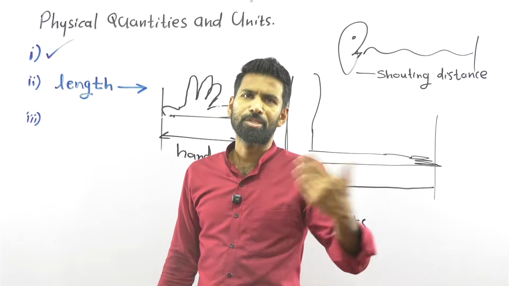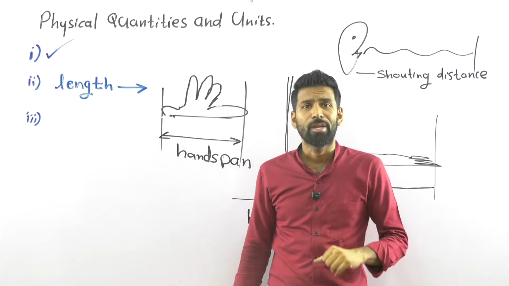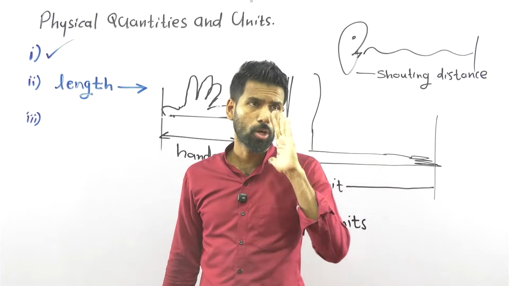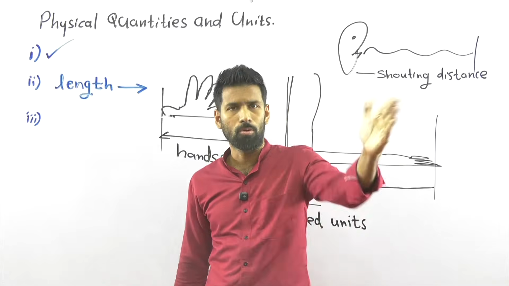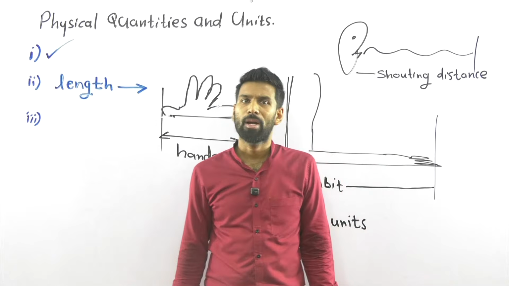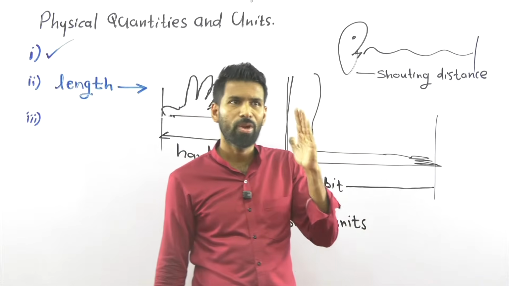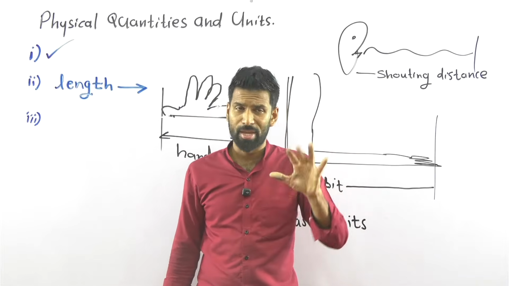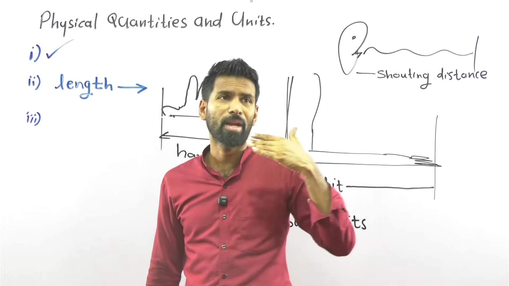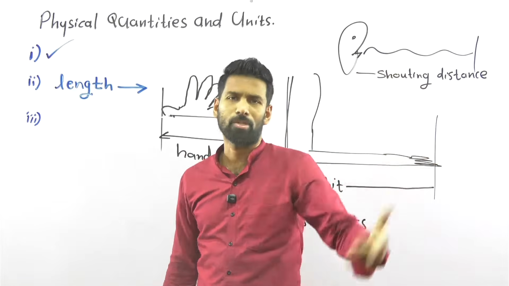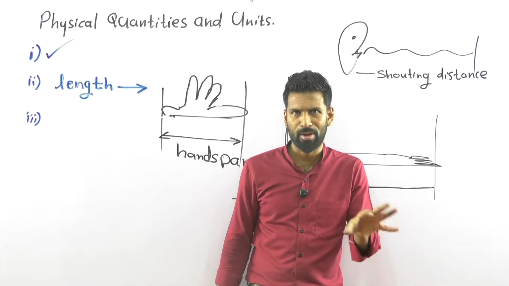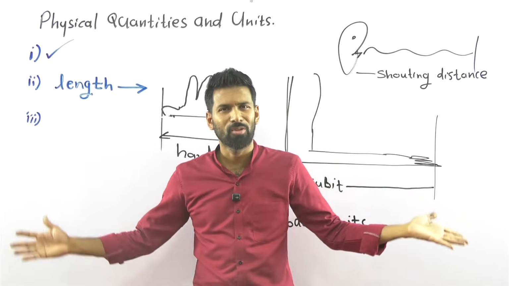Here in Sri Lanka, when we shout, most probably it will travel more. But in a very cold country, when we shout, most probably that sound will not travel that much. There are many factors; I'm just explaining the normal things.